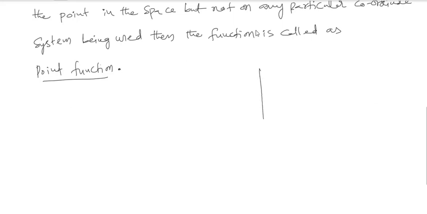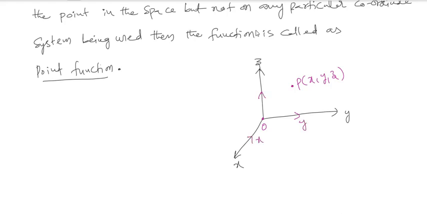Suppose if I take the function, if it is having 3 different axes, let me take this one. Yeah, this is your x, this is your y, and this is your z. Am I right or not? So let me take a point. I'm just taking a point P, which is nothing but P(x, y, z). This is your horizon, so this will be your y, and this will be your x, and this will be z.